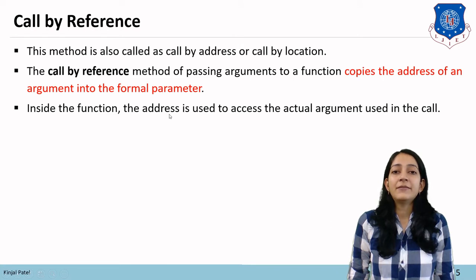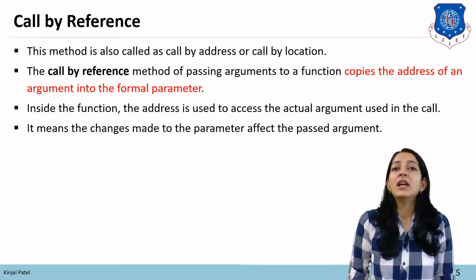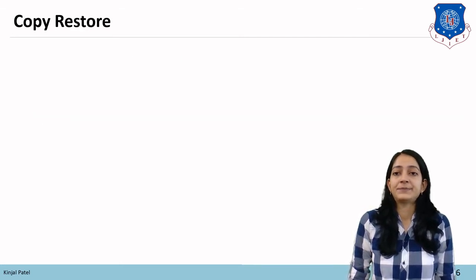Inside the function, the address is used to access the actual argument used in the call. It means the changes made to the parameter affect the passed argument. Means if we are using call by reference, then the change in the formal parameter will affect the actual parameter.